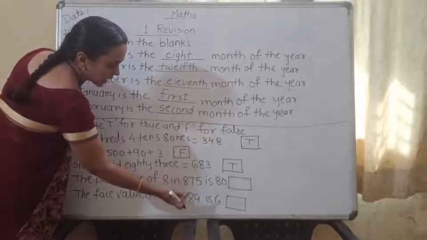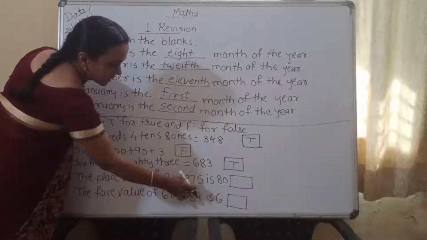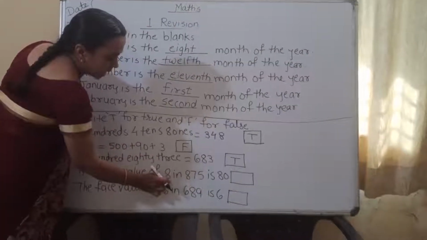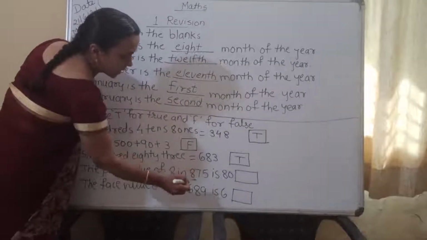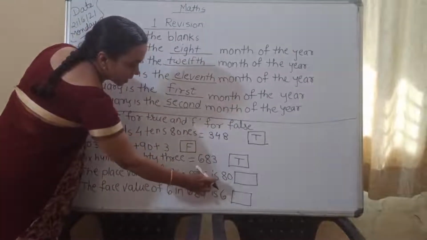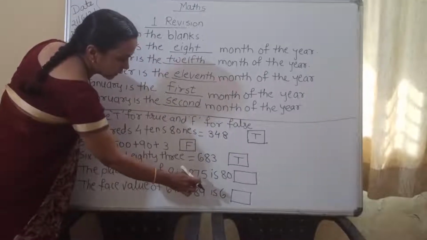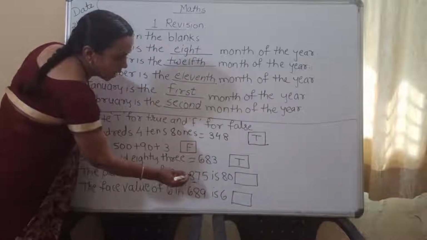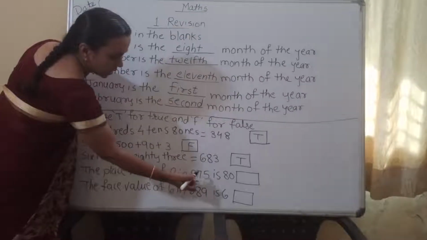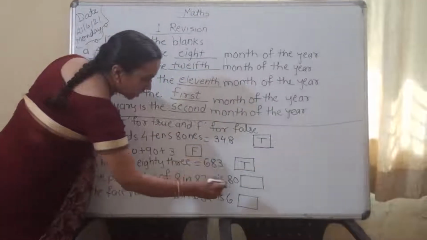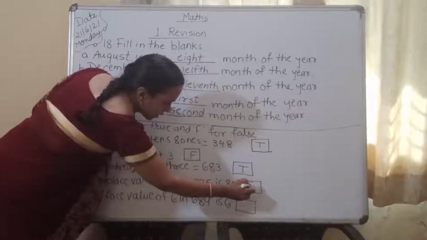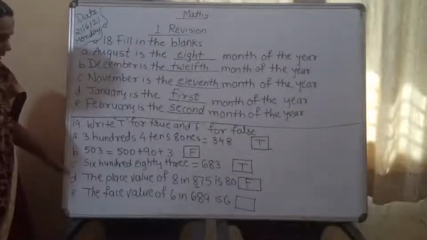See, 8 is at which position? Ones, tens, hundreds. The digit 8 is at hundreds place. And what is given here? The place value of 8 in 875 is 80. No. Place value of 8 in this 875 is 800. So this statement is wrong. So we have to write here F.